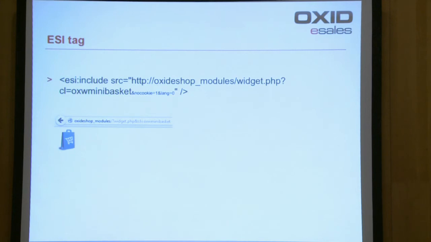It's not approved yet, but some systems already use it. And if you look at the first line, this is an example from code. When Varnish calls, or you call, the shop, you would get an HTML page rendered with such ESI tags. And from each tag, you would get a URL, which would let you call the shop and get the rendered result.